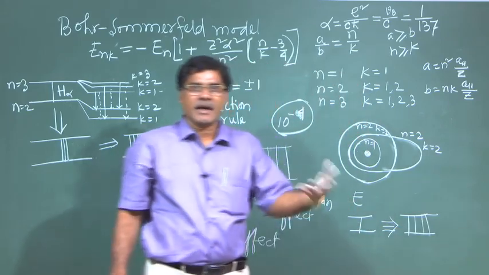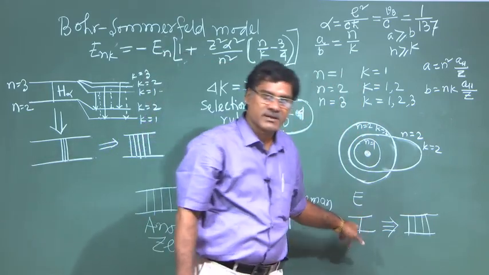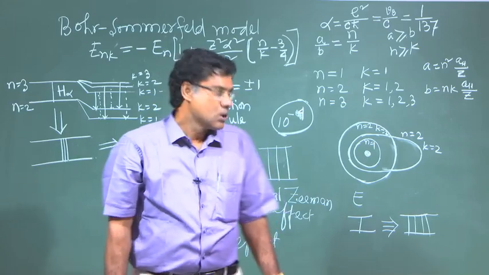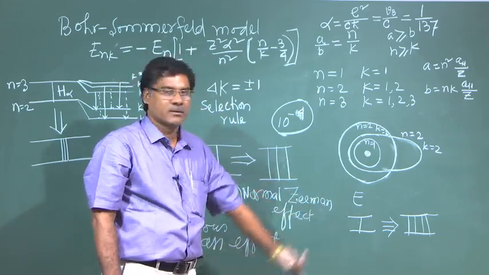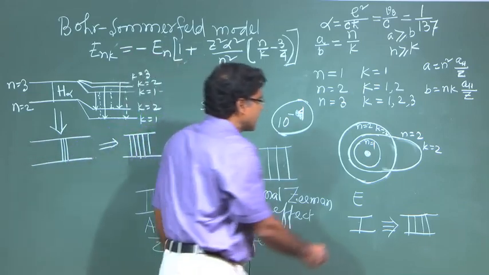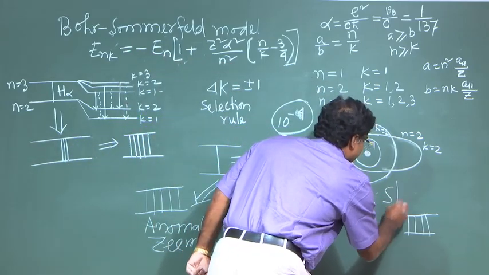Okay. How many lines again depends on the origin, it is not the same for all spectral lines. So whatever effect we get when we apply an electric field is called the Stark effect.